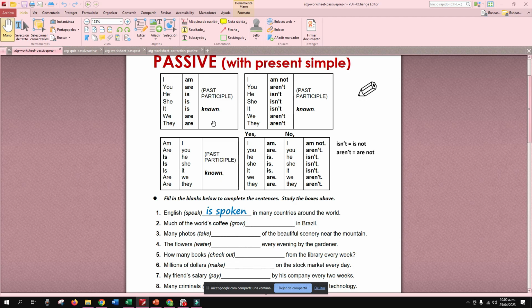I am, for example, or she is. Also, we can have the negative form, right? I am not, or she is not. Also, we can have questions, right? So, are you? For example, you can say yes, I am, or no, I am not, if you have that kind of structure there, right?